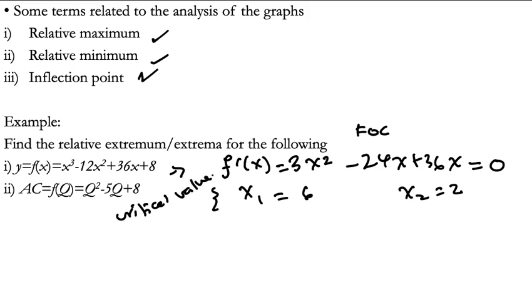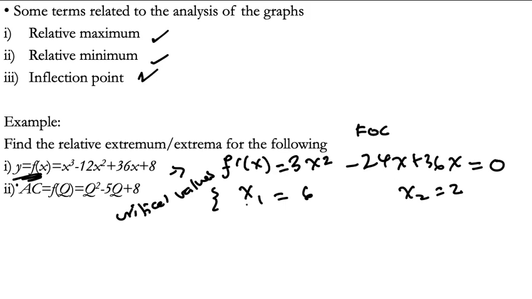Critical values where f prime of c equals 0. When the slope is equal to 0, this particular curve could be either at a maximum point or a minimum point. So whether x1 equal to 6 is a maximum or minimum, or x2 equal to 2 is a maximum or minimum point, we don't know until we do a certain test.